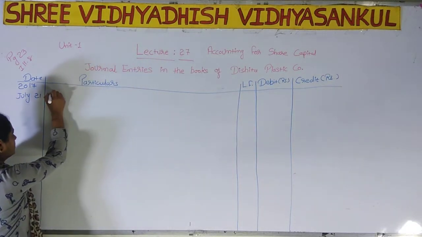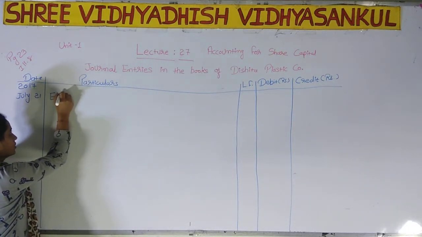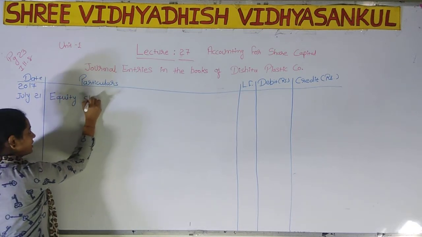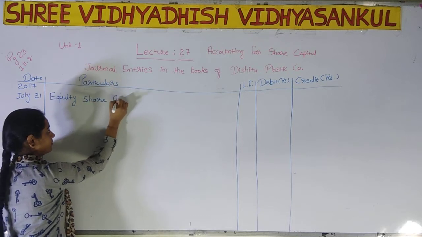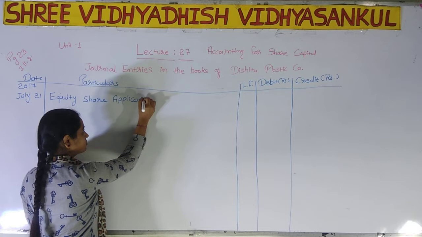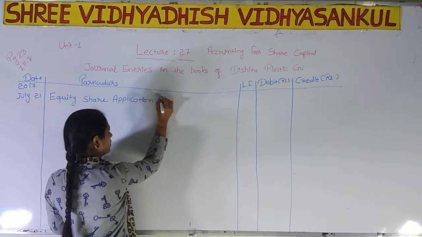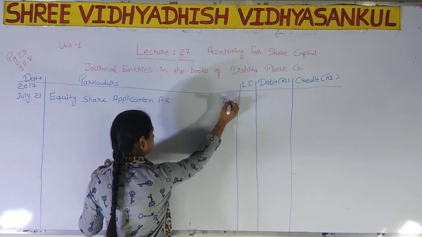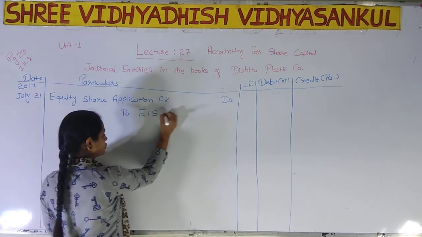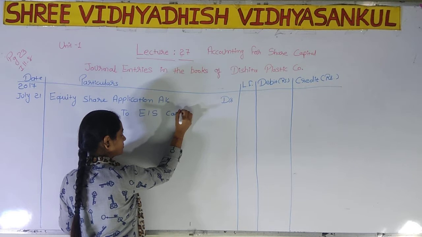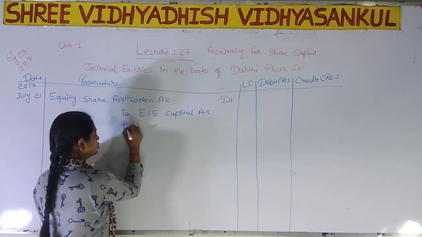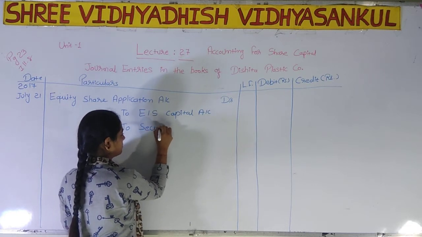So the entry will be equity share application account debit to equity share capital account to security premium account.